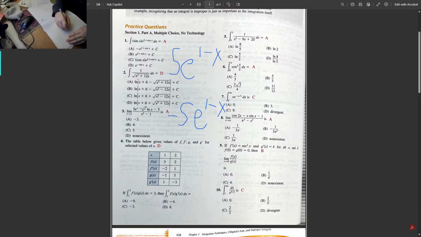So we have negative 5e to the 1 minus x, minus 1 over x. That's the derivative of the natural log of x, by the way. And that's the whole derivative, actually, over 2x.